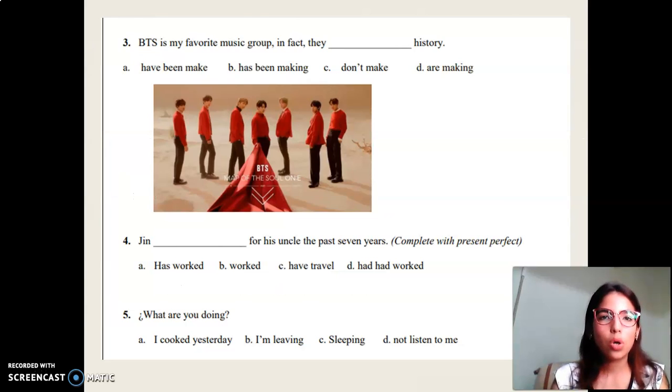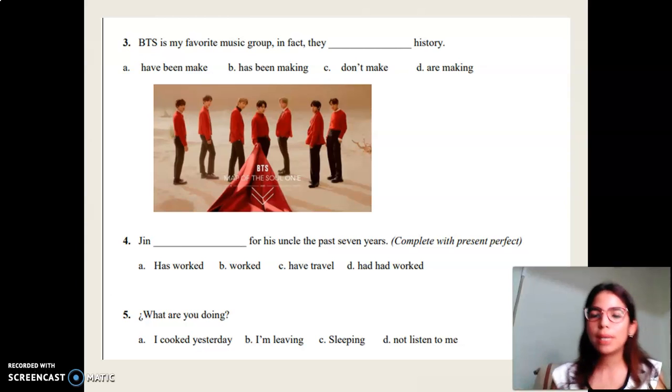Okay. So as you can see, it also includes some images and some topics that can be interesting to the students, such as music. For example, in this case, we are talking about BTS, which is a famous group, and it's listened to a lot by young people.